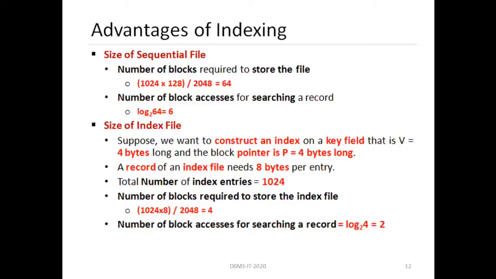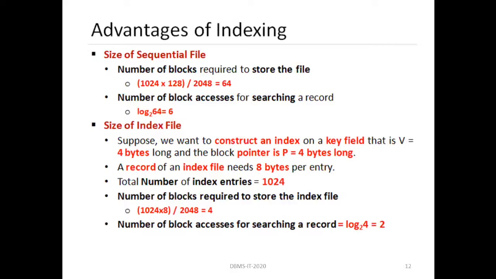Now if it is given to calculate the size of the index file, then what will you do? In that case, suppose the key field equals 4 bytes and the pointer field is also 4 bytes.